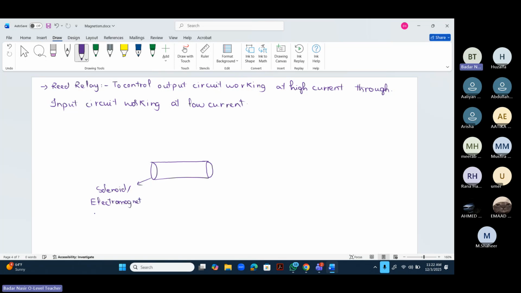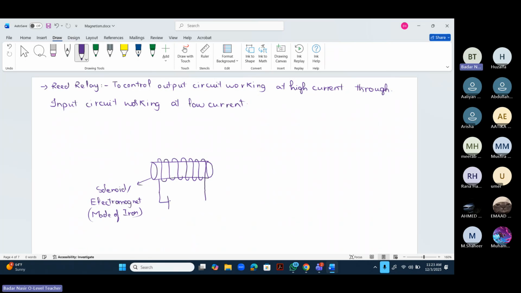Okay, it's made of iron. इस solenoid के around we are going to do winding.